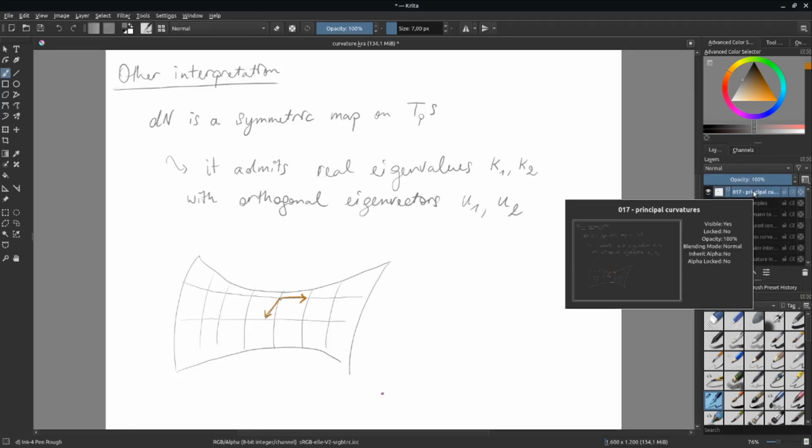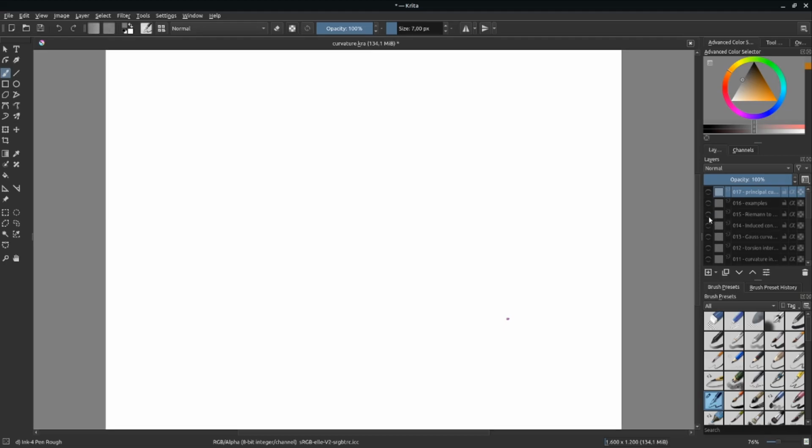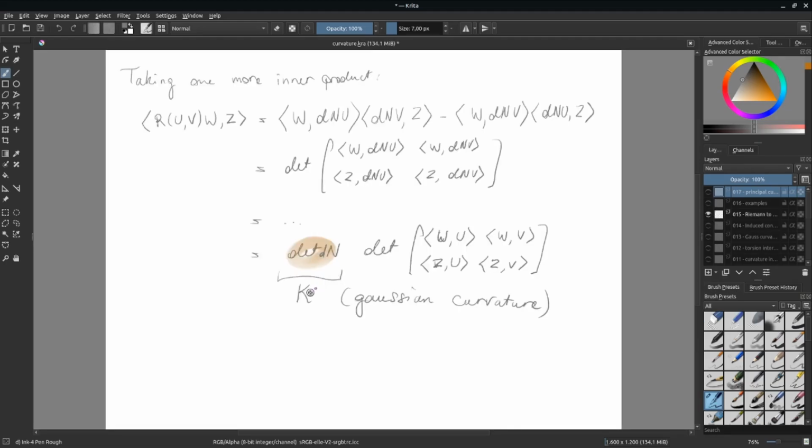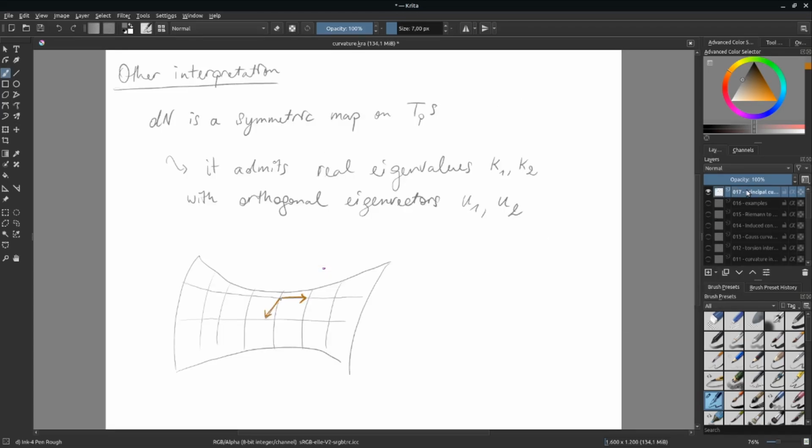Okay, so I do have a better intuition about this curvature and why it's a determinant. You might remember I defined the curvature as the determinant of Dn, which is a 2 by 2 matrix. We also know that Dn is a symmetric matrix, and so that means it has real eigenvalues, so that's nice.